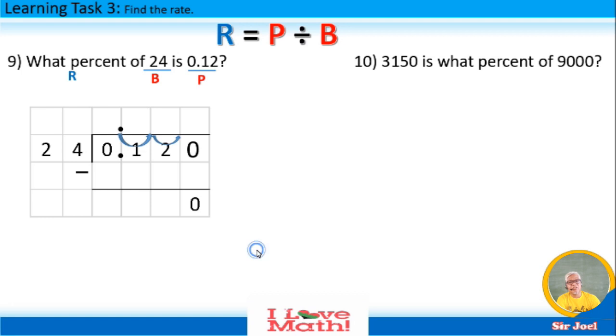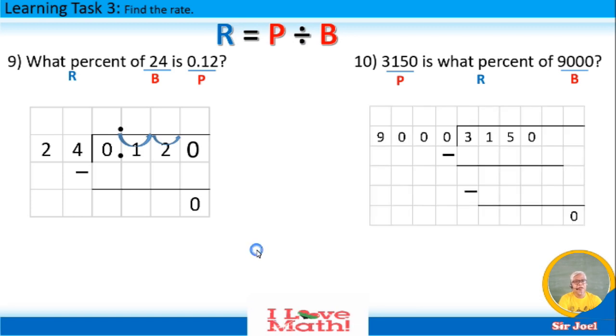Number 10, 3,150 is what percent of 9,000? Uy, medyo malaki. Pero syempre pa, kayang-kaya nyo to. What percent is the rate? 3,150 is the percentage and 9,000 is the base. To solve, 3,150 divided by 9,000. Of course, cannot be divided.